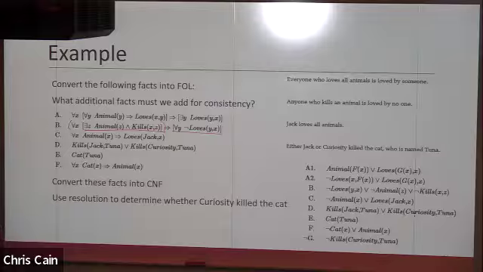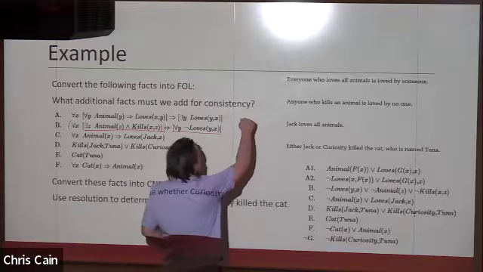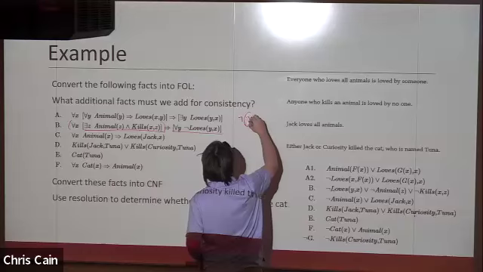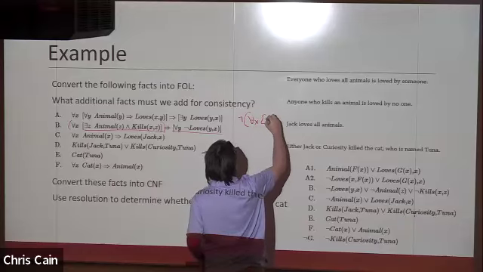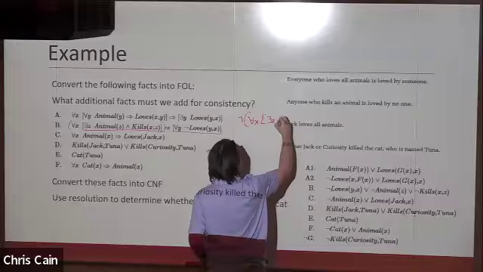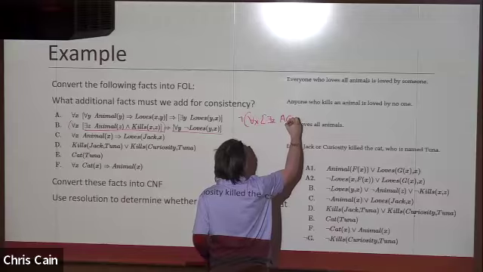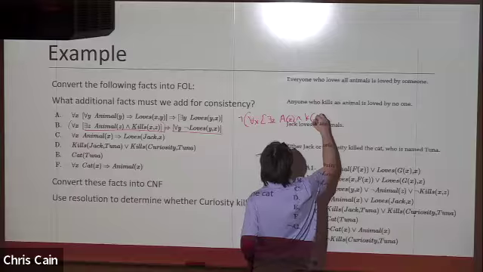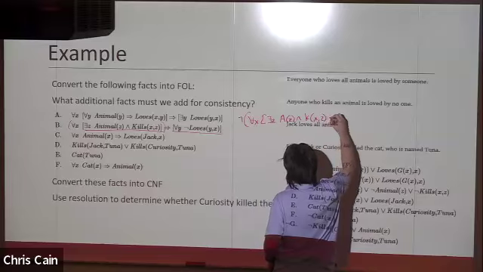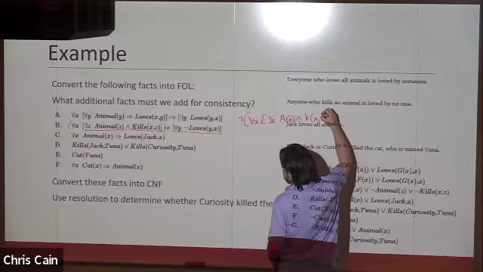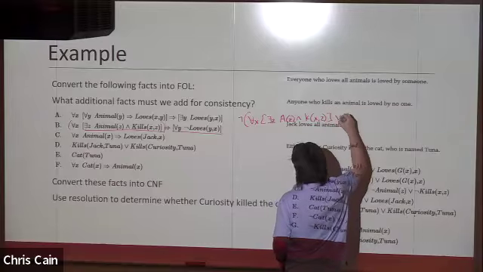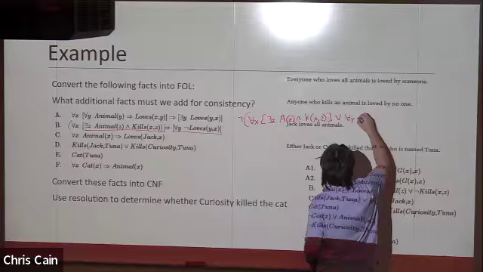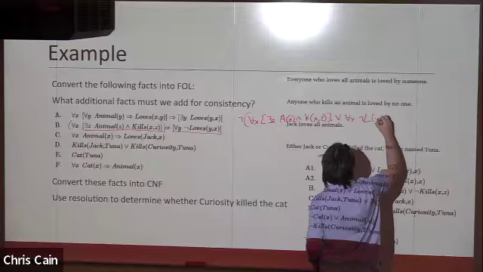So we're going to have not, big set of parentheses, for all X, bracket, there exists Z. I'm just gonna say A of Z, animal of Z, and kills X, Z. So that closes the bracket, or the right-hand side, for all Y, not loves YX.